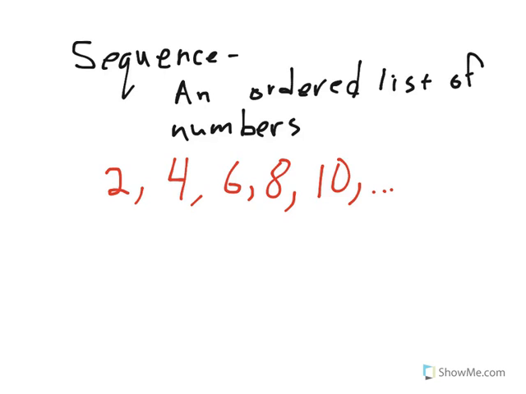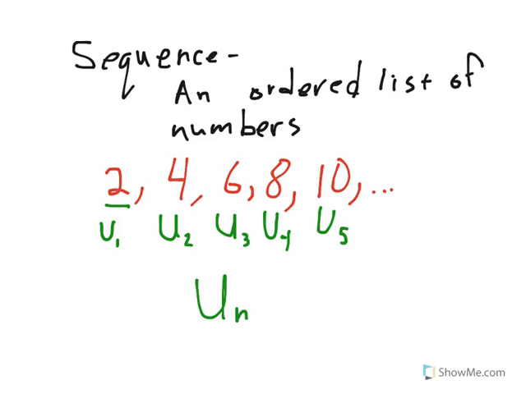To refer to these terms in the sequence, we like to give them each a name. We call the first term, this 2, u sub 1. And then the second term would be u sub 2, u sub 3 for the third term, u sub 4 for the fourth term, u sub 5 for the fifth term, and we can use u sub n as the general term in a sequence.